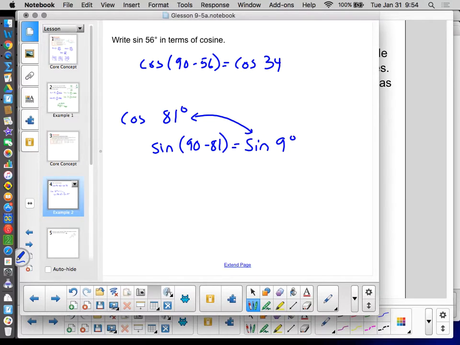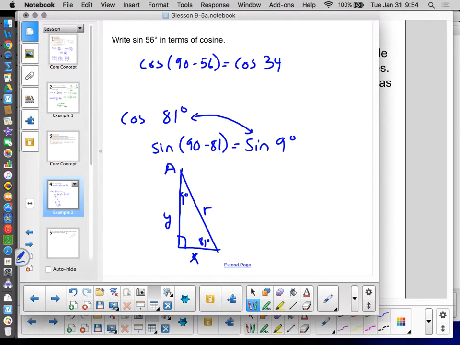Not sure about that? Well, think about it for a second. Let's say I've got a triangle here. I've got an 81 degree angle, a right angle. This angle has to be 9 degrees. And if I call this angle A over here, the sine of angle A is, I'll call these X, Y, and R for now.